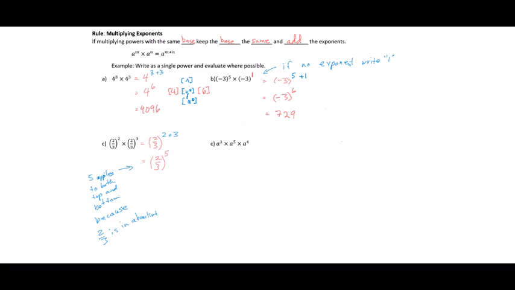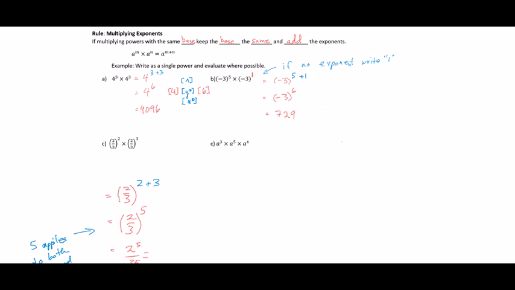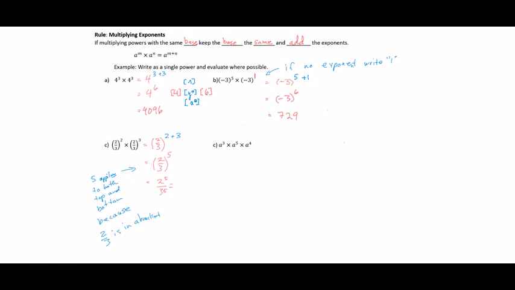So we get the following. When we drop the brackets, we get 2 to the 5 divided by 3 to the 5. And 2 to the 5 gives us 32, and 3 to the 5 gives us 243. The key idea is to realize that when you simplify the exponents first, then you apply the exponents to all parts of the number and get either your whole number or your fraction.